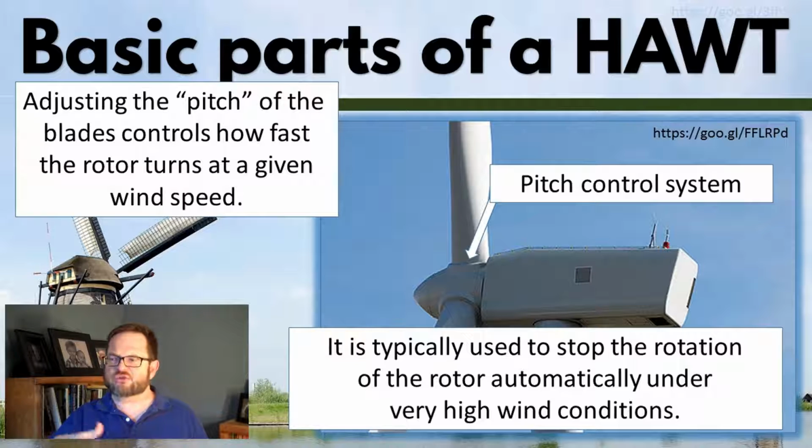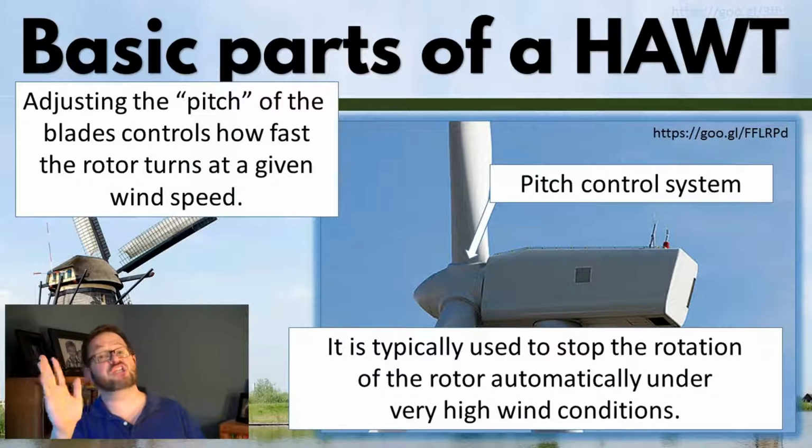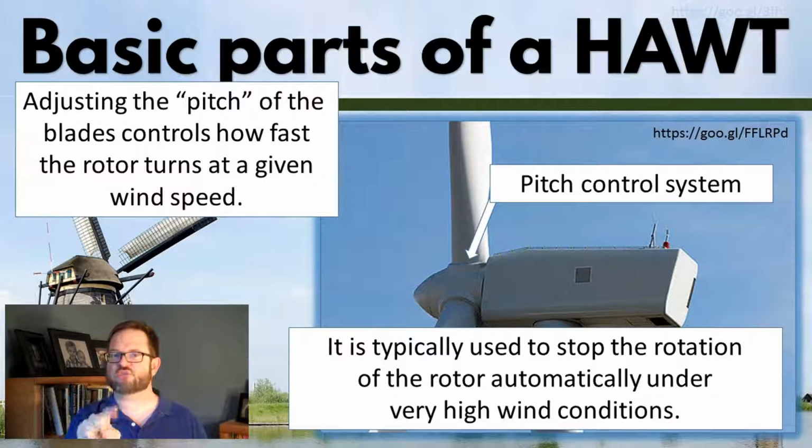So after you get faster than a fairly brisk wind, the exact speed depends on the exact model and the radius of the blades and all that kind of stuff, the pitch of the blades will start to change based on the pitch control system. Actually, let's use the right vocabulary word: to feather the pitch.